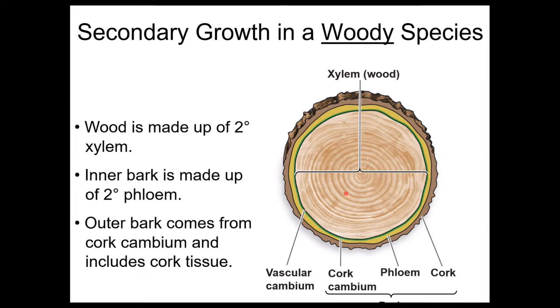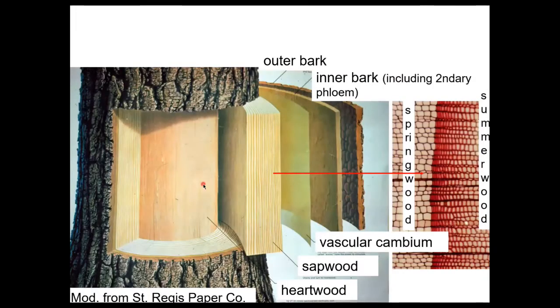Now, on this particular diagram, there's not a lot of distinction between sapwood and heartwood. There is here. The heartwood is the part of the secondary xylem that has become occluded and filled up with compounds like lignin. Lignin, next to cellulose, is probably the most abundant organic compound on the face of the earth.